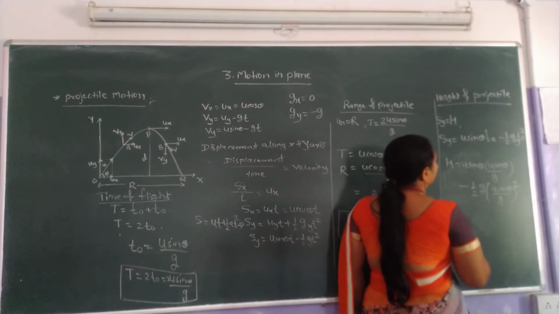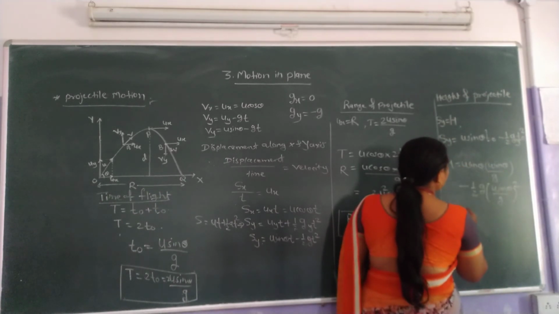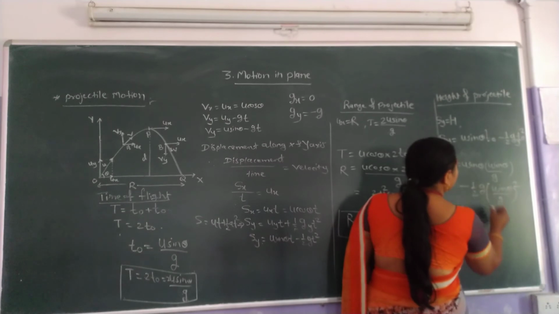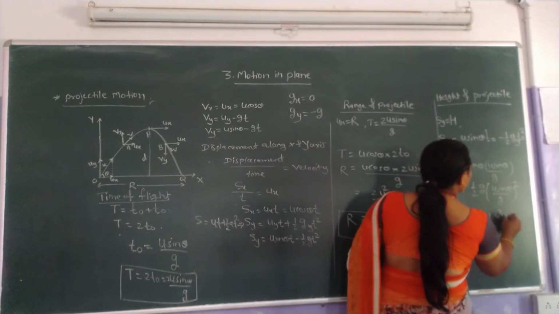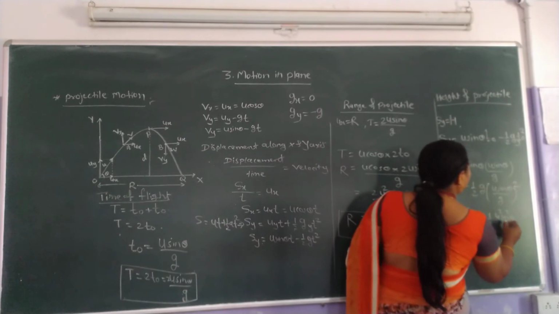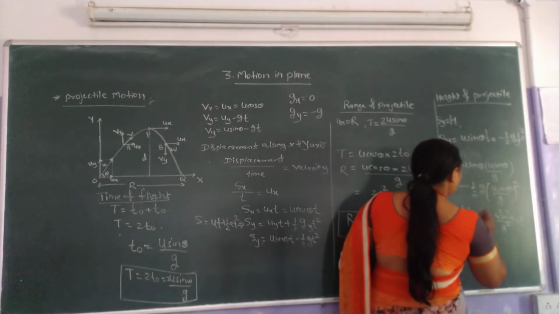Therefore, h is equal to u square sin square theta upon g minus half into u square sin square theta upon g square into g, where g gets canceled.